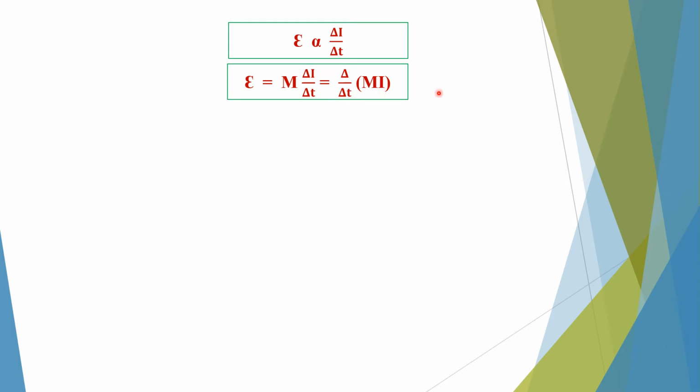Mutual inductance occurs when two coils are placed together. As we have discussed, coil A and coil B are placed together, and the magnetic flux through coil A is also passing through coil B. So magnetic flux is linked with both the coils, and we say the coils are coupled.